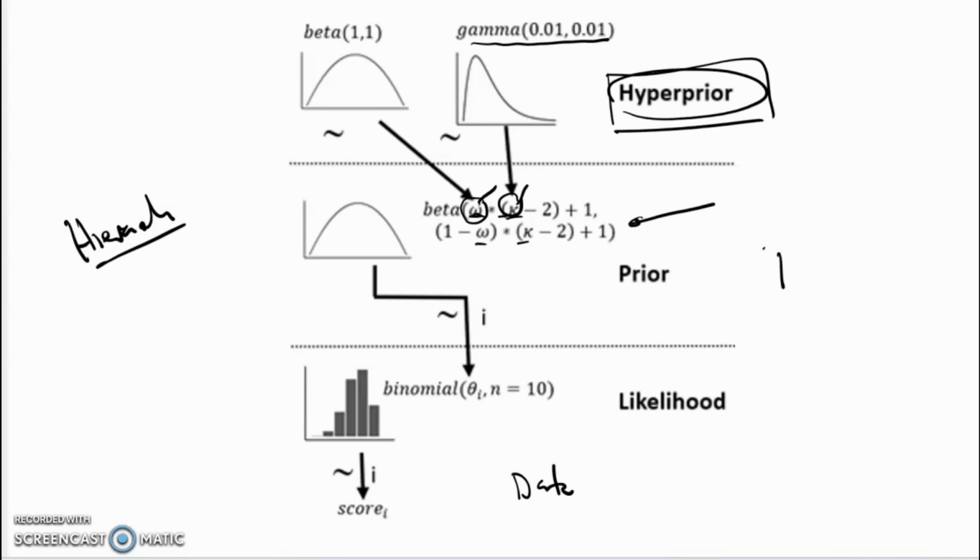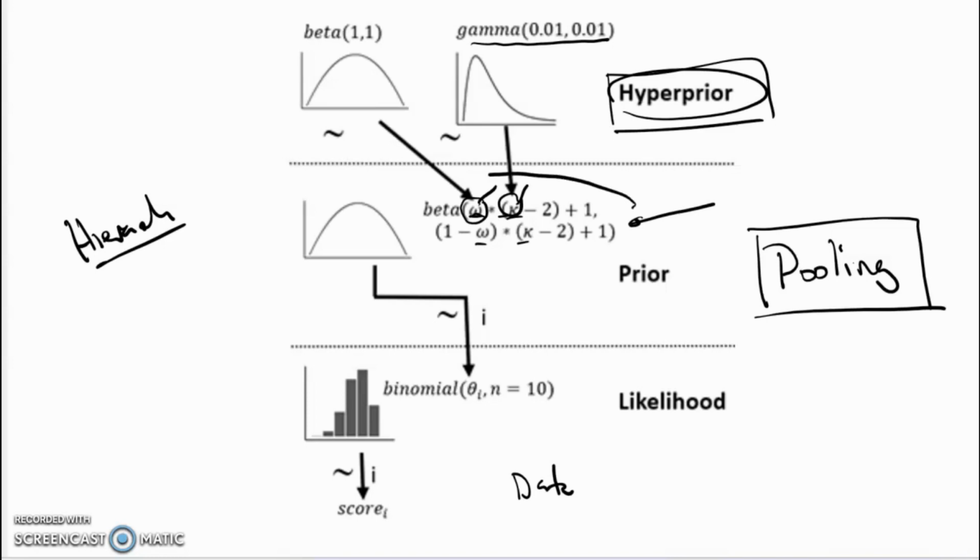So that's why we have this concept of pooling, because the raw scores of each individual student are going to determine the posterior values of omega and kappa. All the data from all the students are going to determine the prior.